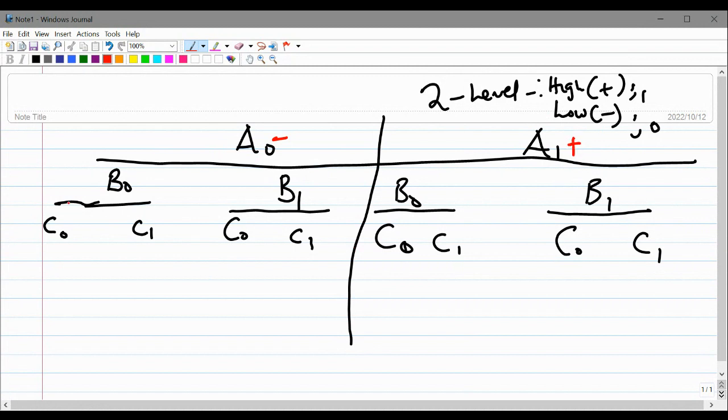A here is at high level, B lower level, high level, high level, lower level. For my exam, students were supposed to know how to change these to the signs.